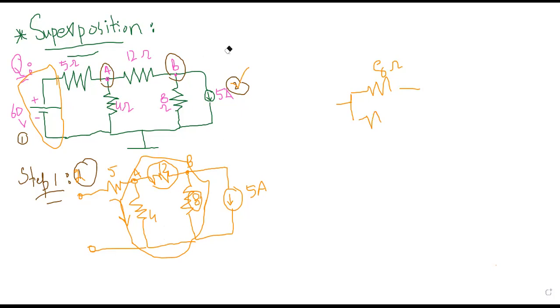Now I am going to erase this part, and now I am considering this as a block. For this, what will be the value of current? So this will be according to the current divider, using the divider theorem.